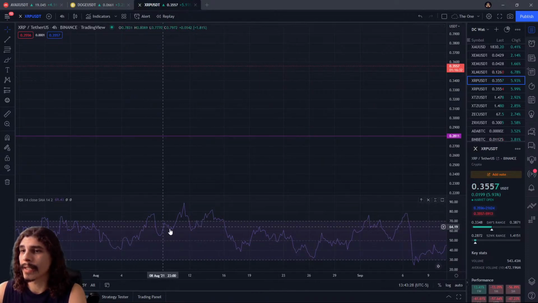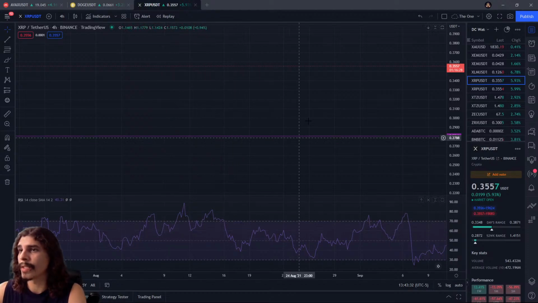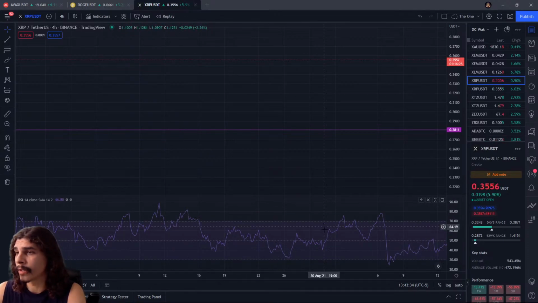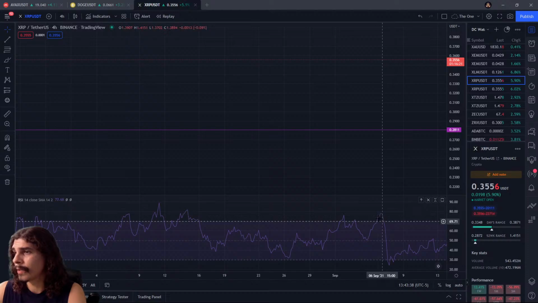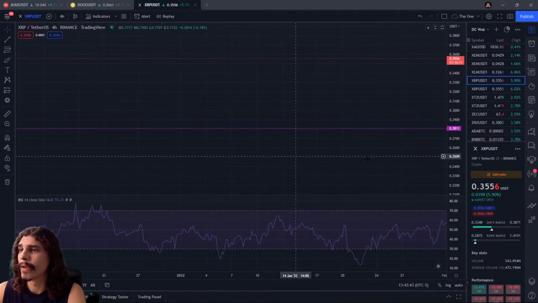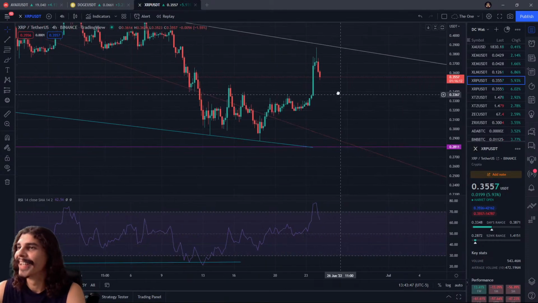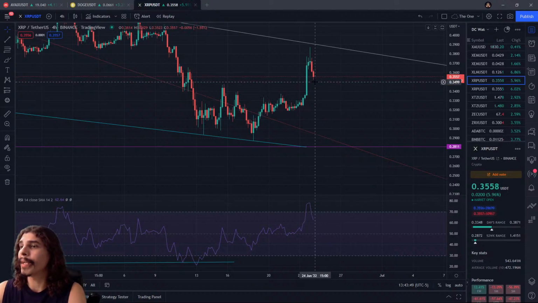I guess this is an okay example where price looks oversold, and then instead of resetting, it just trends in the overbought region. When price looks overbought here, instead of trending all the way back down, it continues to trend in an overbought region, and that's where we get those really nice pumps. Whenever price is trending in an overbought region and people want to keep buying, that's when it starts pumping. So we need to be cautious of that right here.